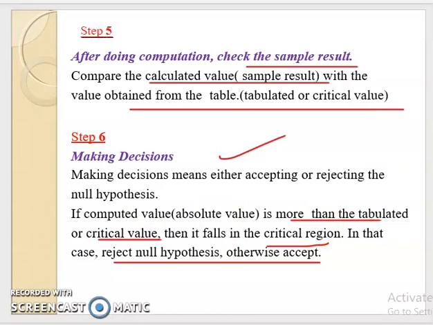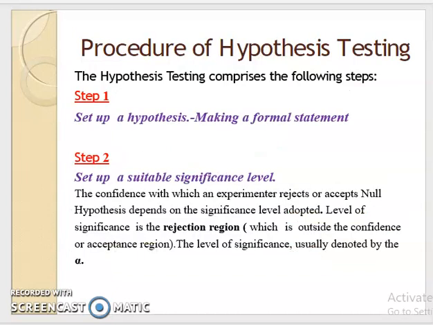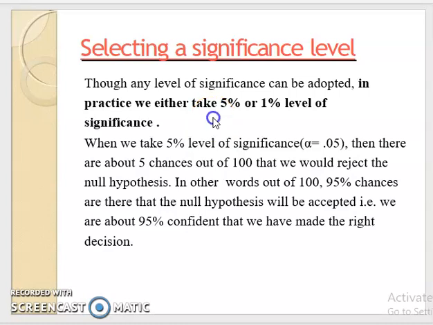And so once again we will revise the steps. The first step is stating the hypothesis, that is, you have to state the null hypothesis and the alternative hypothesis. Then you will be choosing a significance level, most probably 5% or 1%.